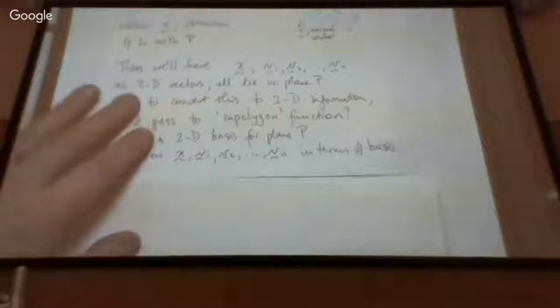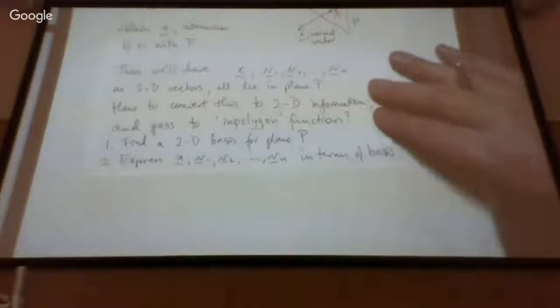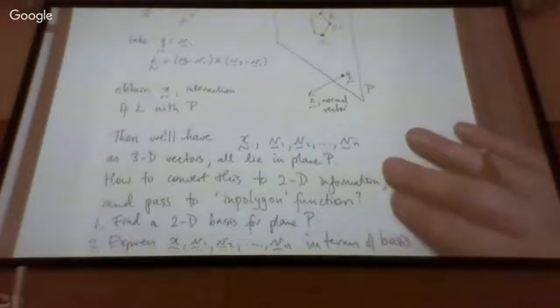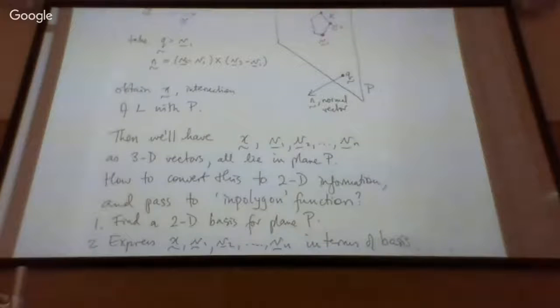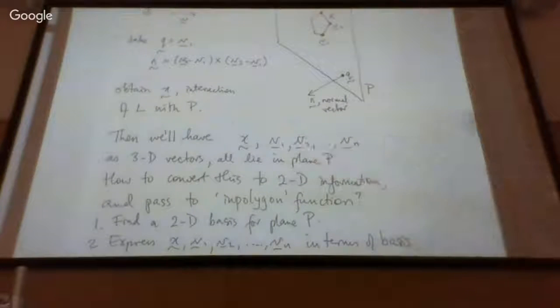So can anybody see a candidate for a basis of the plane P? And we want it to be quite a nice basis, one that we can use to easily get coordinates or components for x and all the v's from that basis.